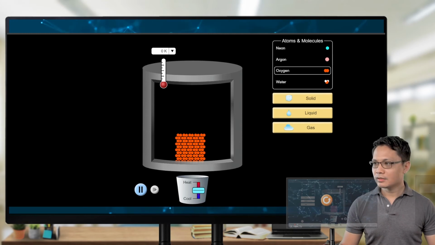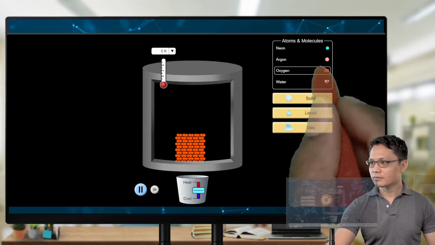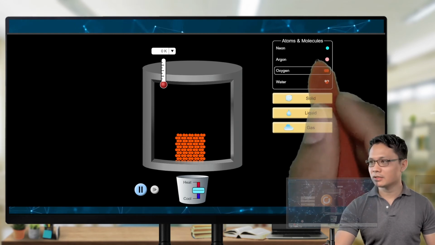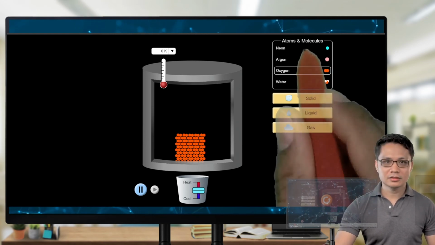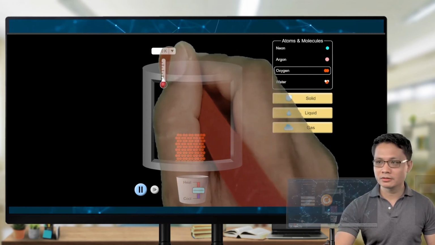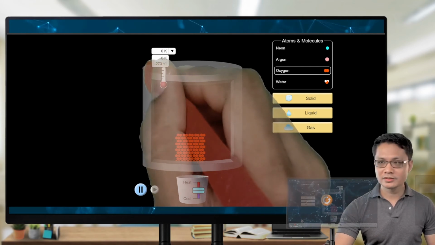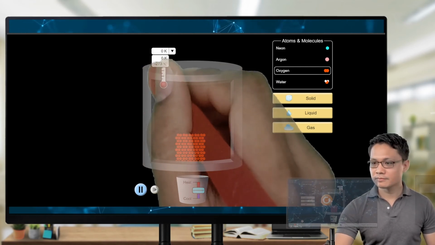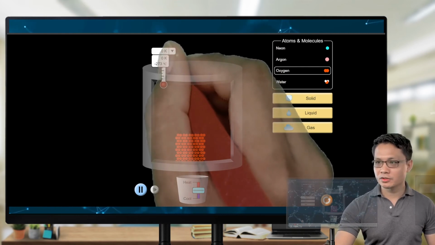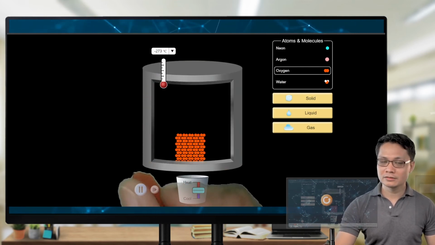So here, we have oxygen. We have chosen the oxygen molecules at absolute zero temperature, that is 0 Kelvin or negative 273 degrees Celsius. Based on our assumption, there should be no motion involved.